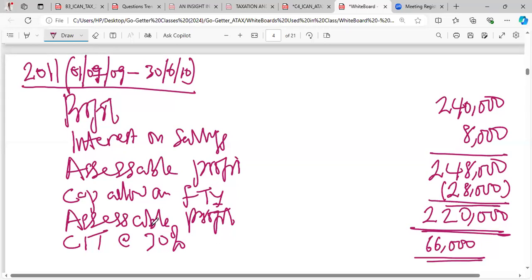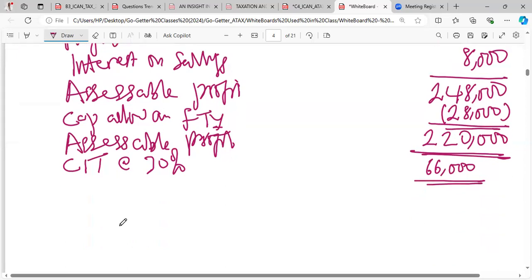If you are to do your tertiary education tax, let's do this. Tertiary education tax at that time it was 2%. It is not going to be 2% of this. It's going to be 2% of this. So 2% of 248,000.